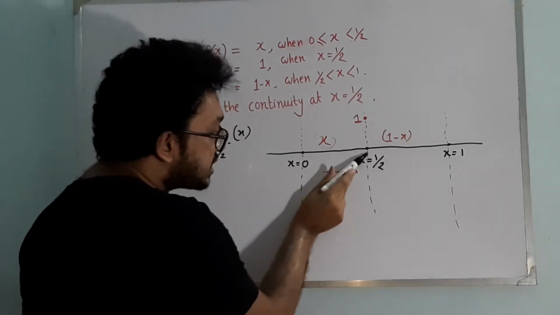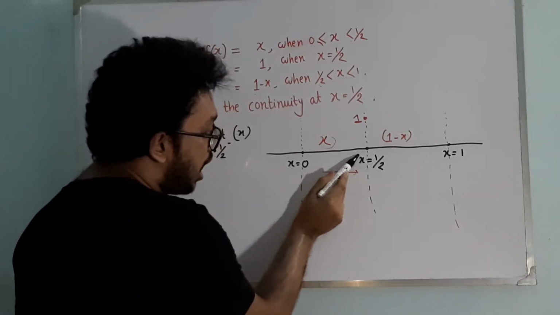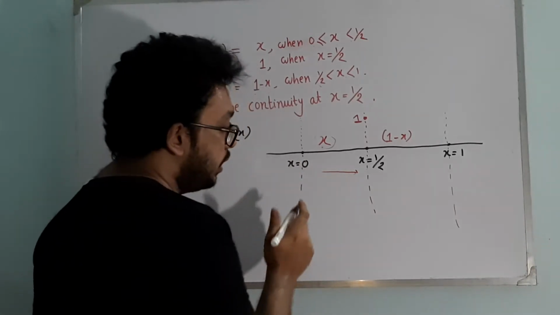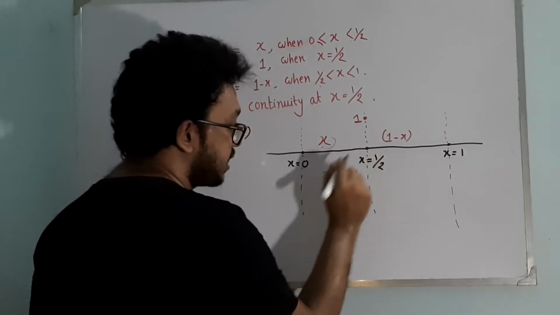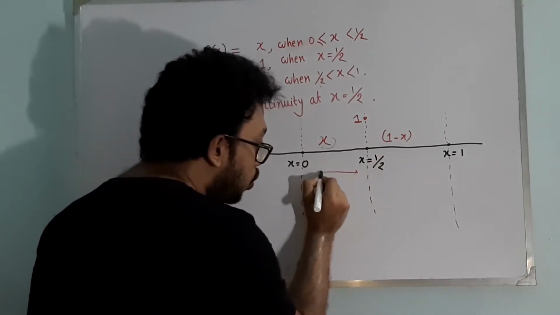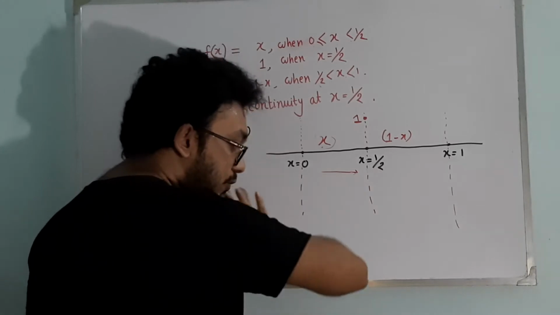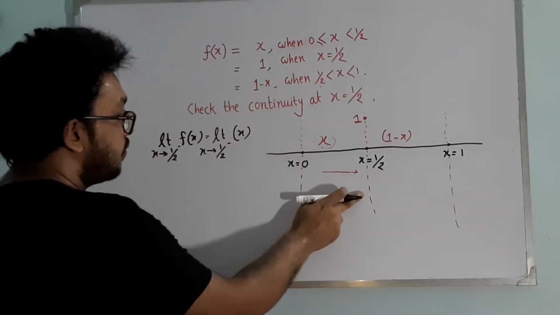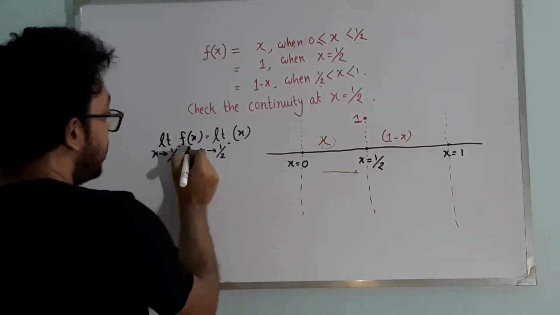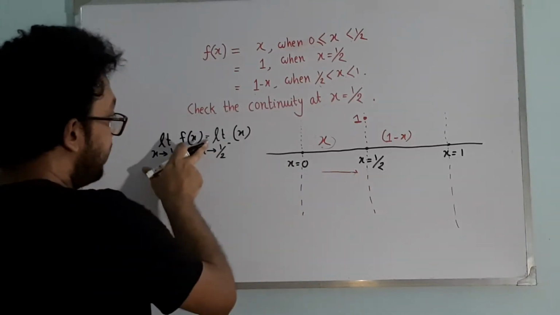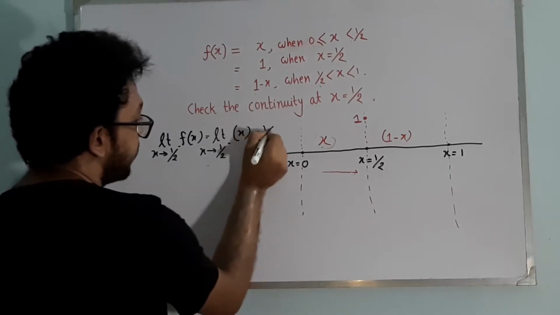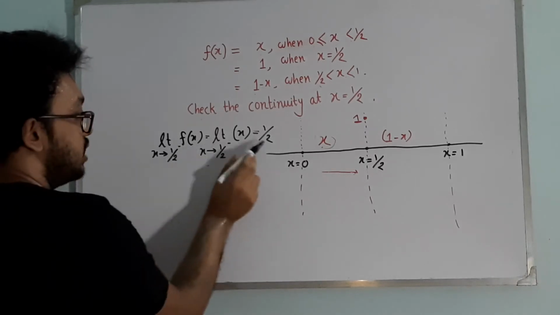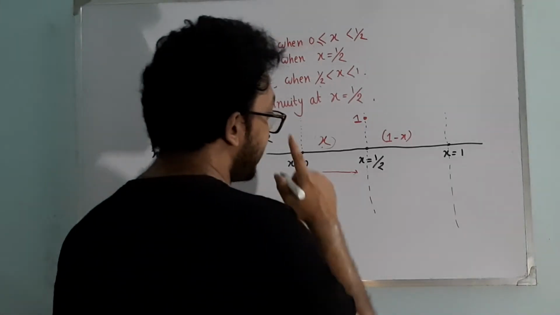Just in the left hand side of x equal to half, the expression of f(x) is x, and while checking the left hand limit of a function at a particular point, we approach towards our point of interest from the left hand side, right? So we will replace f(x) by x. So the limit is nothing but half, right? So the left hand limit of the function f(x) at x equal to half is half, right? Now come to right hand limit.